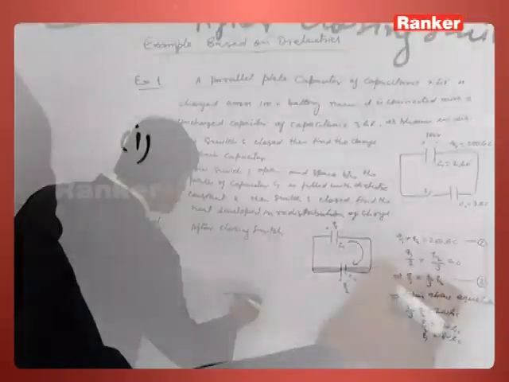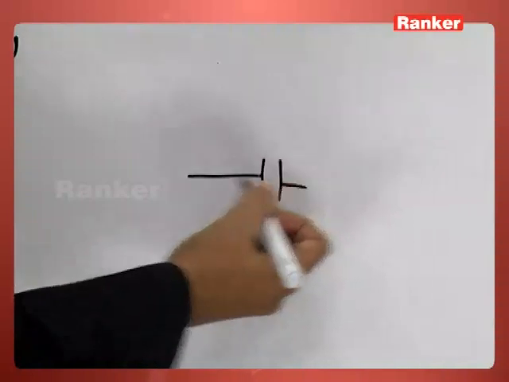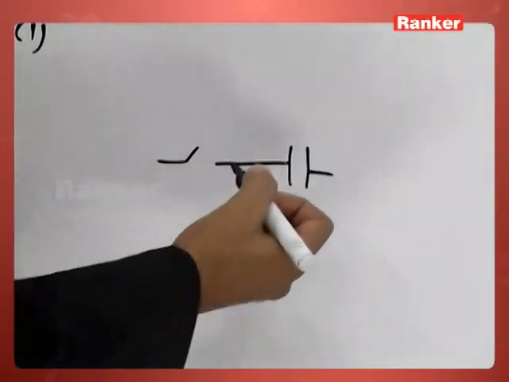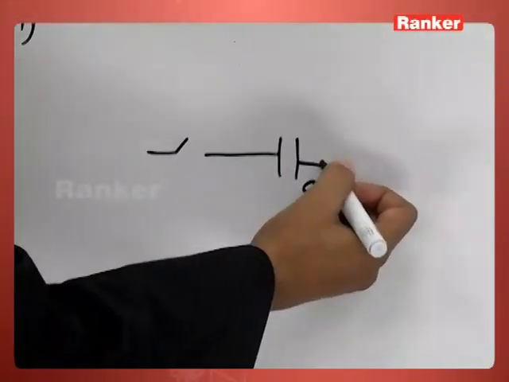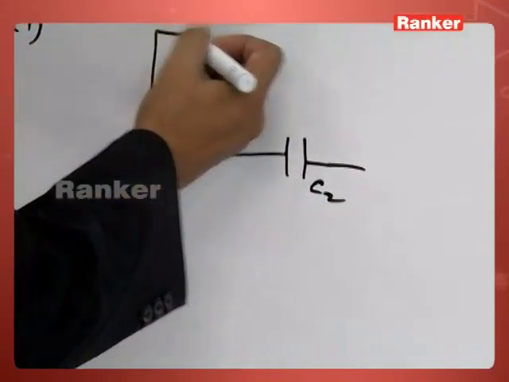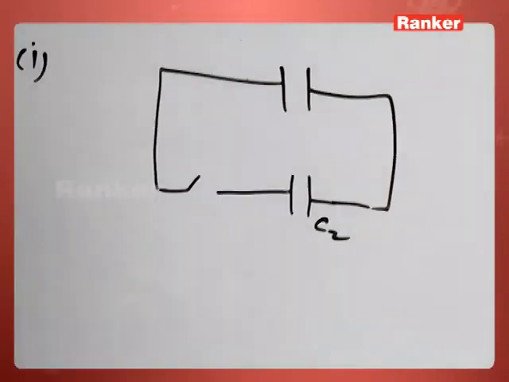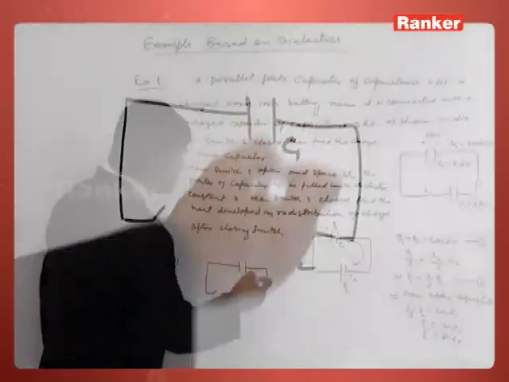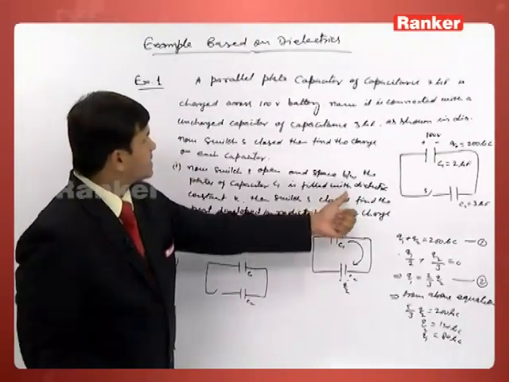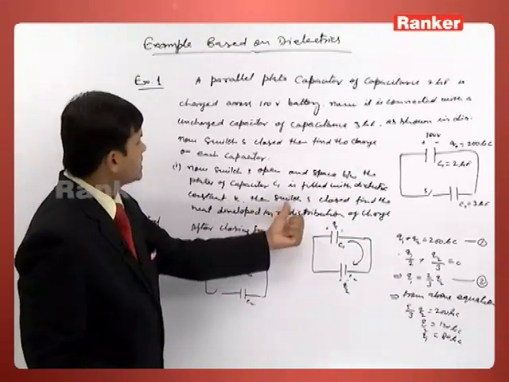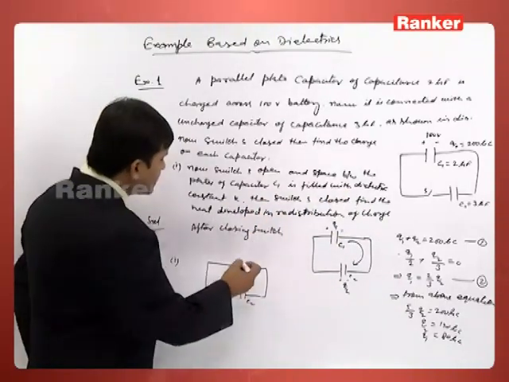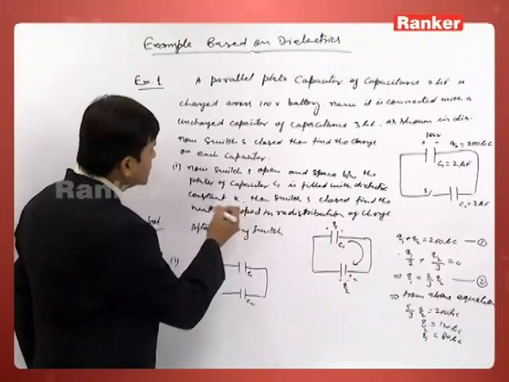Right now switch S is open like this, and C2 is this one. Now C1. So since the dielectric constant K is inserted, then switch S is closed.